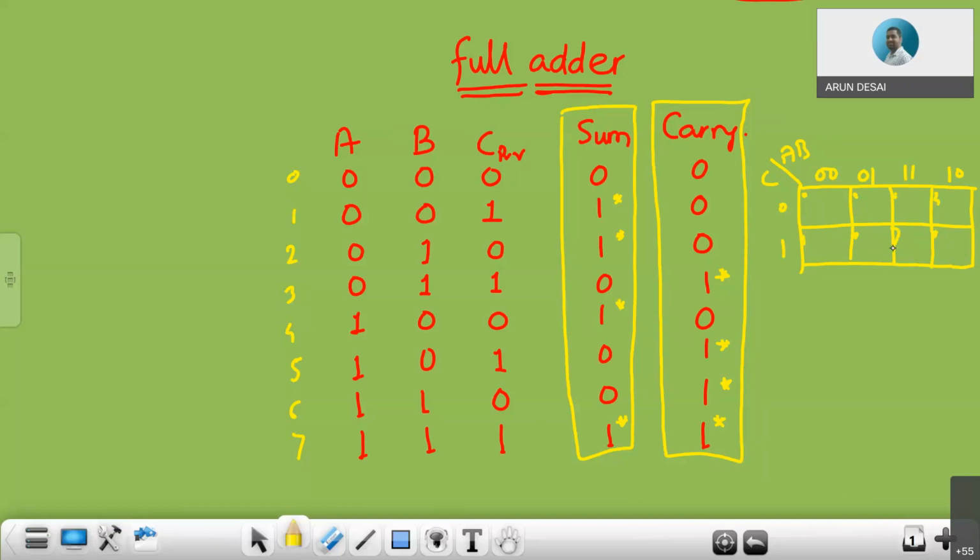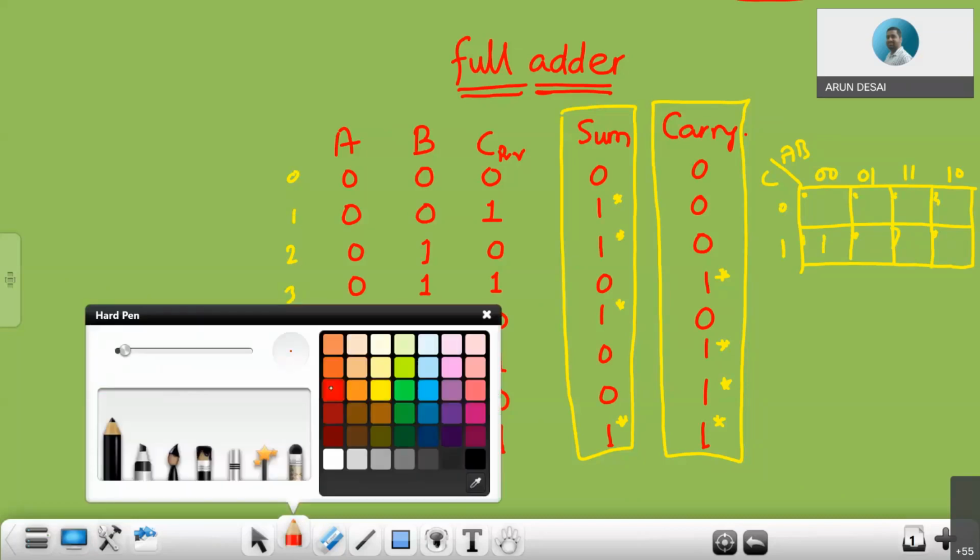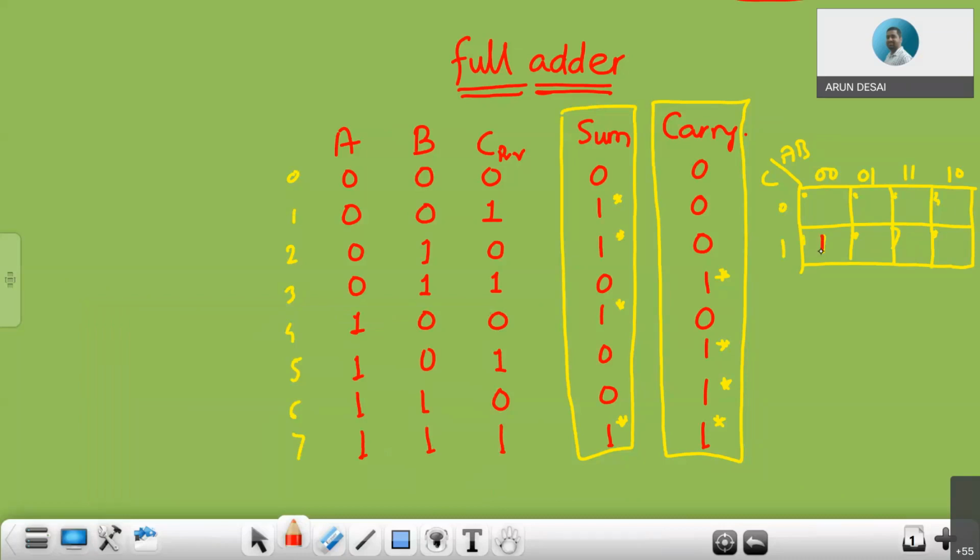When it is true, in case of 1, for sum, 1, then for 2, then for 4, then 7, right?